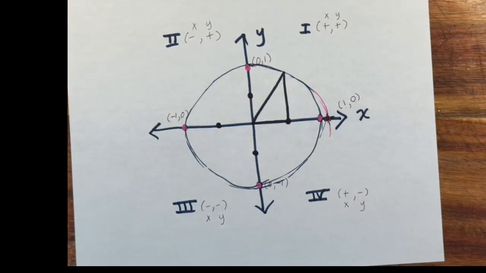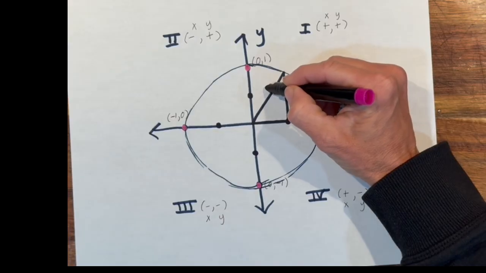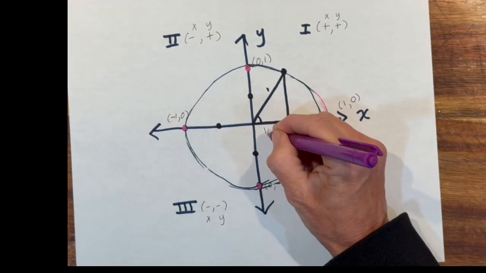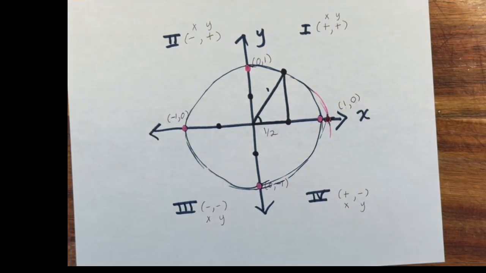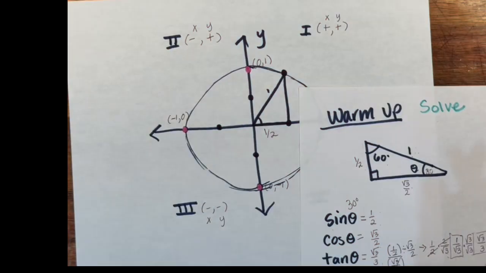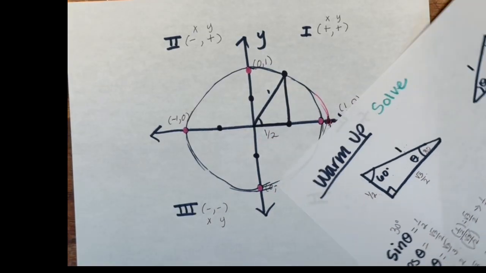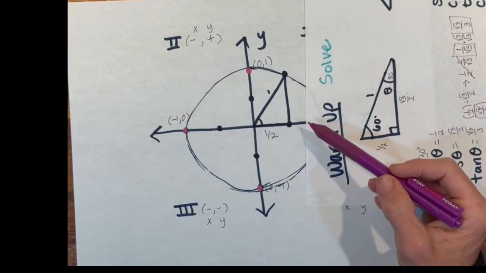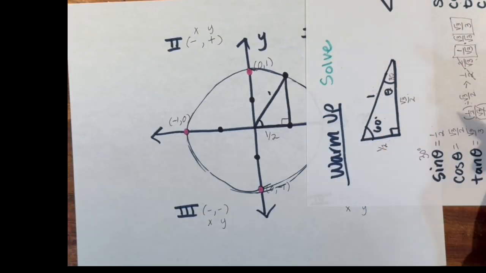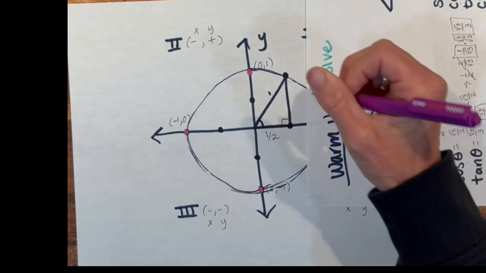And now you can see I've drawn a triangle. And here again, the radius is 1. And who does that relate to? That relates to my warm-up. So if this side is 1/2, it's this rotated triangle. The height here is going to be rad 3 over 2.